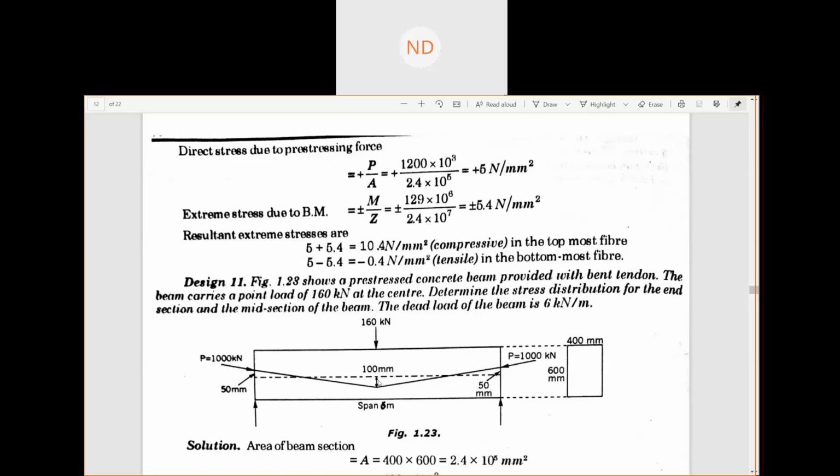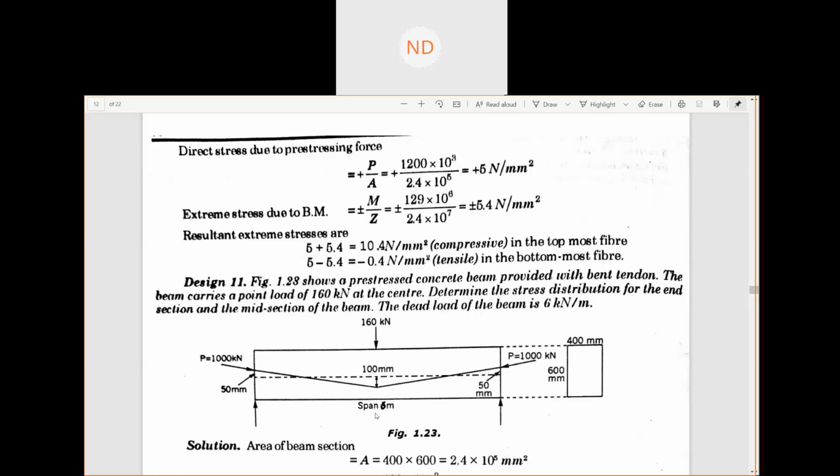Suppose in the midspan section, what are the stresses that will be developed here at the center? One stress due to the pre-stressing, which is uniform P by A direct stress. Another one is due to the loads, which is the net load, the downward load minus the upward thrust, and also the dead load of the beam, wl square by 8.